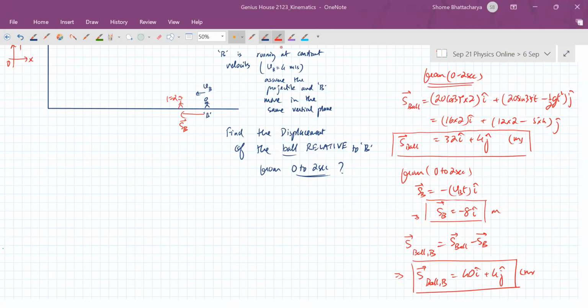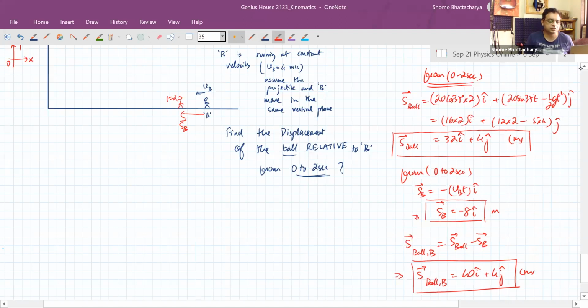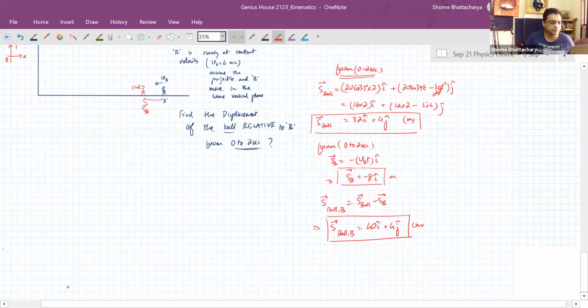Sir, isn't this somewhat like the pseudo force concept that we learned? Actually, pseudo force is a repercussion of this relative acceleration thing. I'll explain to you later.